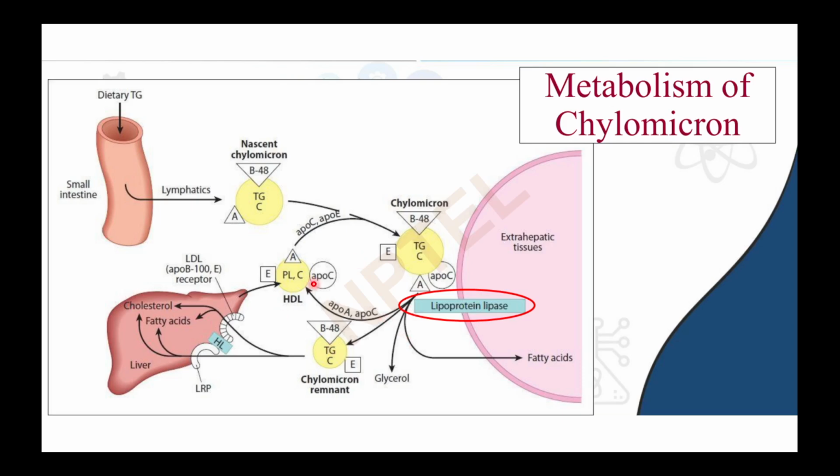Also, this chylomicron is converted into HDL, which we'll discuss later. So this is the chylomicron metabolic pathway. B48 is basically an integral lipoprotein for chylomicron. It's like a marker. Clear?